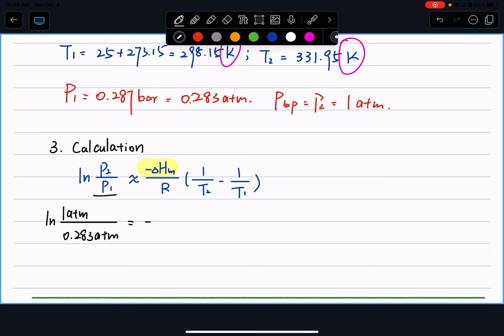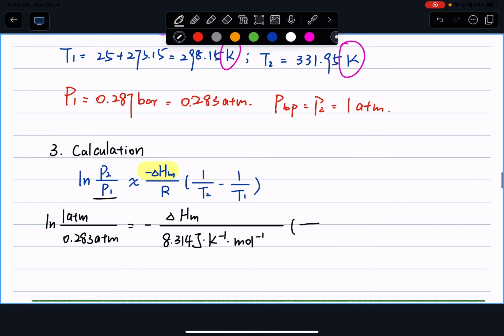That equals negative delta Hm over R, which is 8.314 joule per Kelvin per mole, times 1 over T2, 331.95 Kelvin, minus 1 over T1. Right. You can plug in the numbers yourself, but in this case, just make sure your units cancel out. And then you can use the calculator and find our results. So that's the general approach I take to set up a problem.